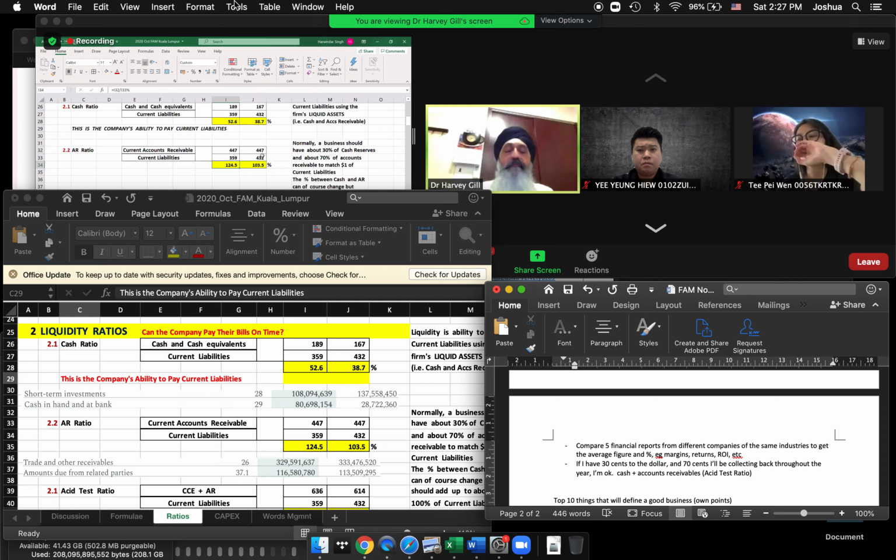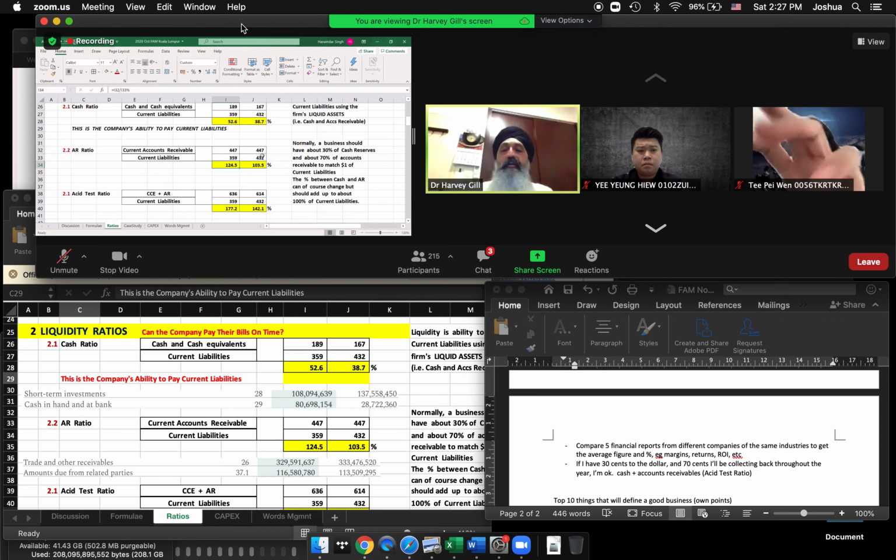Yeah, and the comforting factor here is they have a good cash buffer, so it is not likely that this company would have a problem paying their bills on time. However, if you are talking about collectibles, day sales outstanding, you might be a little concerned that the accounts receivable are a little high.